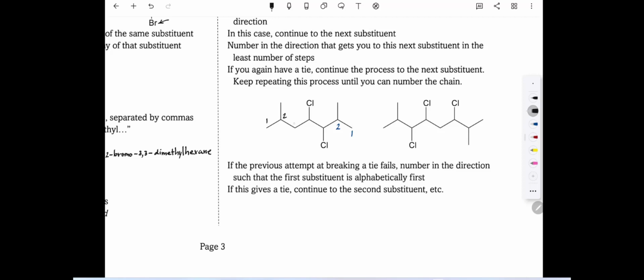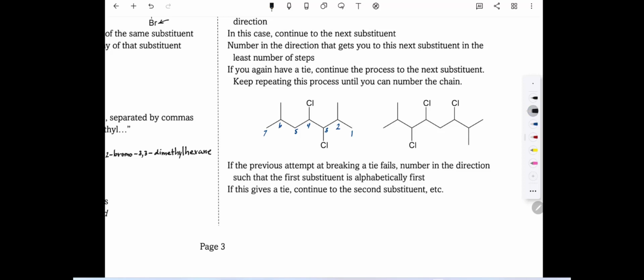From the left, I'd have 4 as the next substituent, but going from the right, I would have 3. So 3 is less than 4. We're going to number from the right. Let me get rid of those numbers here. And we'll have 4, 5, 6, 7.